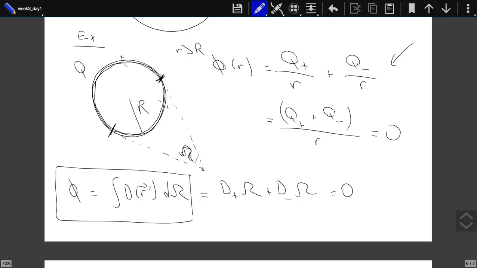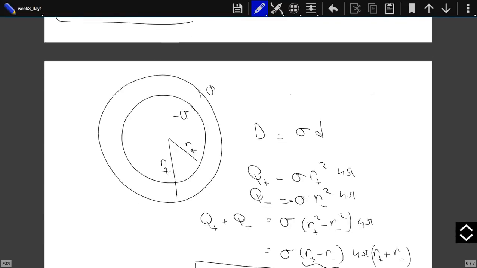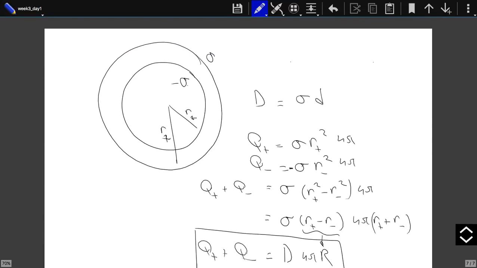By just looking at the total charge of the positive shell and the negative shell, we said that phi at the position R should have this expression, Q plus plus Q minus over R. So we should first calculate what Q plus plus Q minus is.